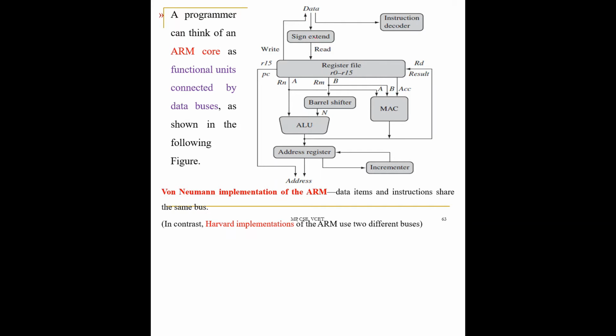We'll start the explanation with respect to this block diagram, or we'll try to explain the programmer's model here. Normally the data and the instructions will enter the ARM processor core on the same bus. This concept is called the von Neumann implementation of ARM, where data items and instructions enter the ARM processor core using the same bus.